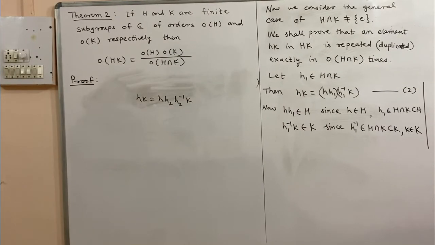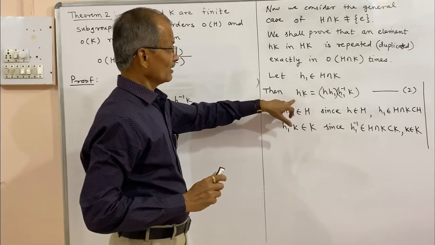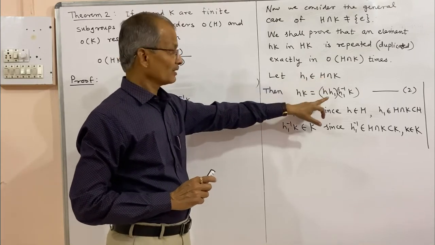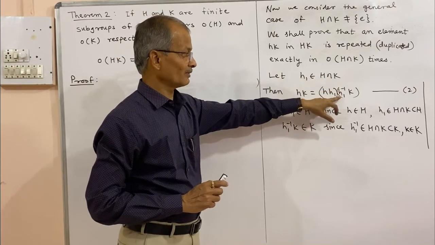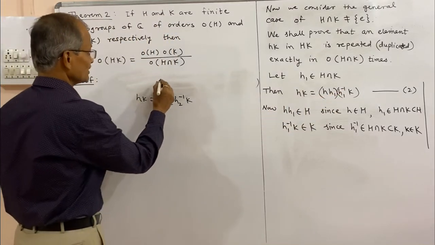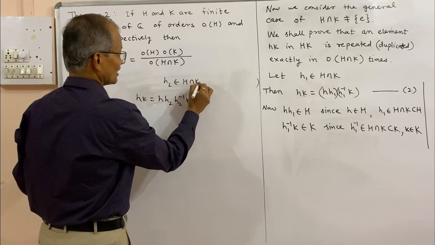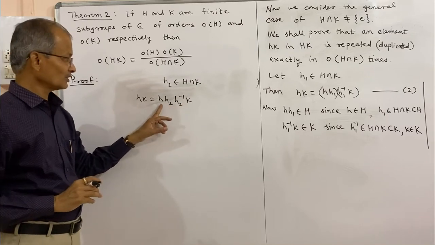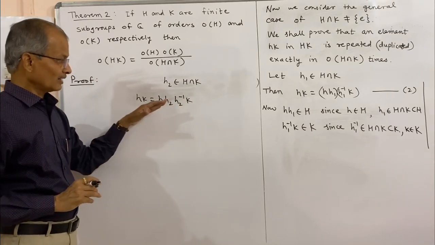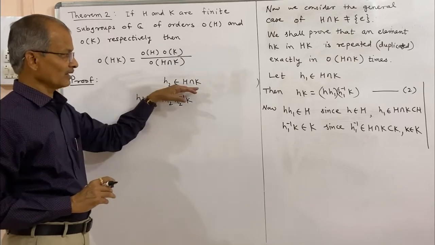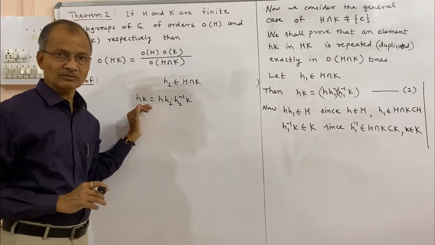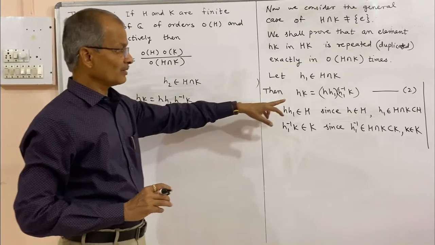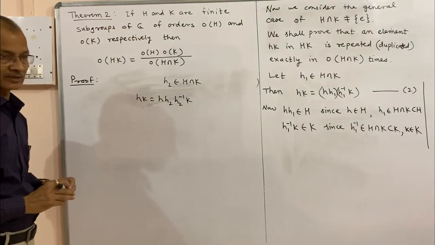So how many times an element in HK is repeated, that we are considering. If H1 is in the intersection, then HK is written in terms of H1 and its inverse. And if H2 is again in the intersection of H and K, then we can write HK in terms of H2 and its inverse as h H2 inverse k. And thus this can be continued. If H3 is an element in H intersection K, then HK can also be written in terms of H3 inverse k. And therefore HK is repeated at least order of H intersection K times.